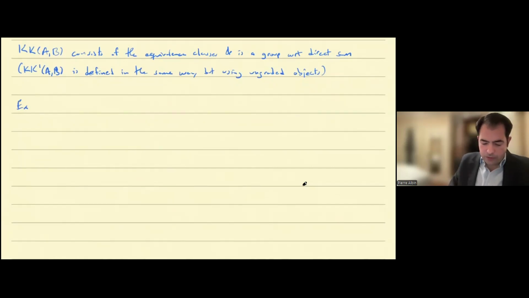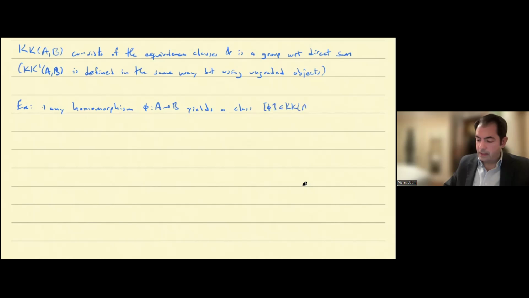Okay, so for example, any star homomorphism between the C-star algebras yields a class in KK of A, B. So here we take E to be just B plus 0, so that just means it's like an ungraded B, so everything's in the 0 spot.